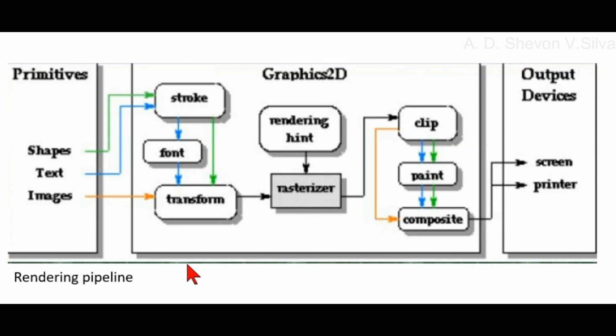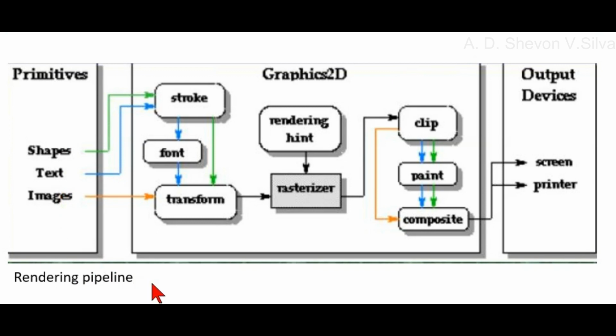There are 3 types of rendering operations, along with the details of each of their particular rendering processes: shape operations, text operations, and image operations.